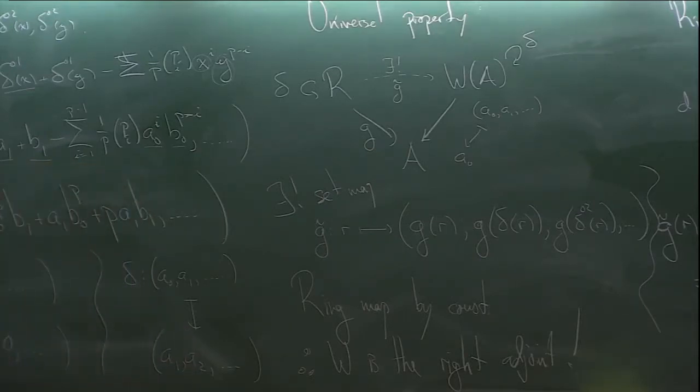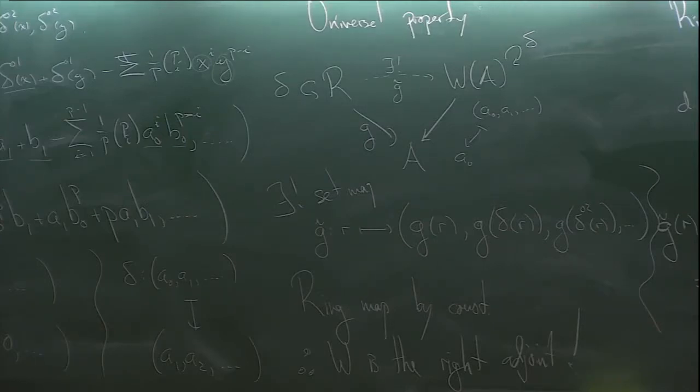You might ask how this compares to the usual definition of Witt vectors. In fact, there's a canonical isomorphism between our construction and the usual construction that Witt wrote down very clearly in the 1930s. It's also written down in Serre's book, Local Fields, in Bourbaki, many places.